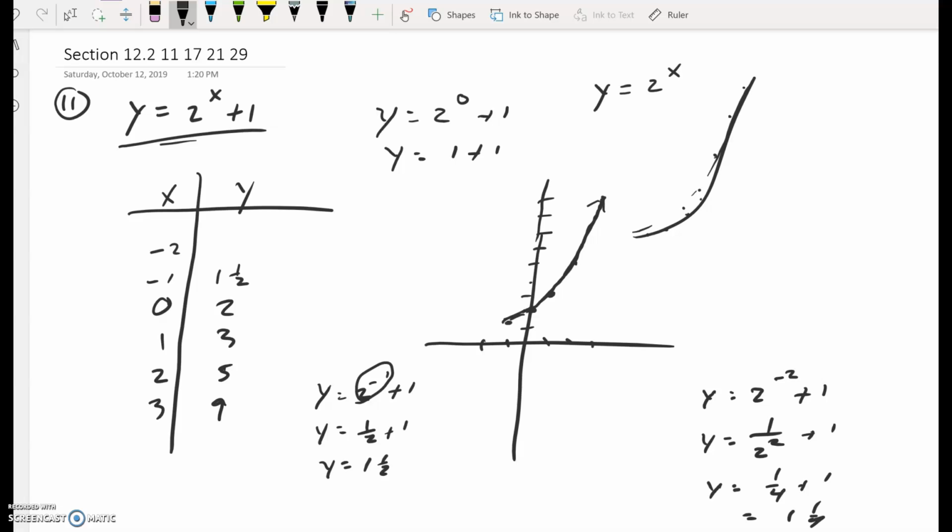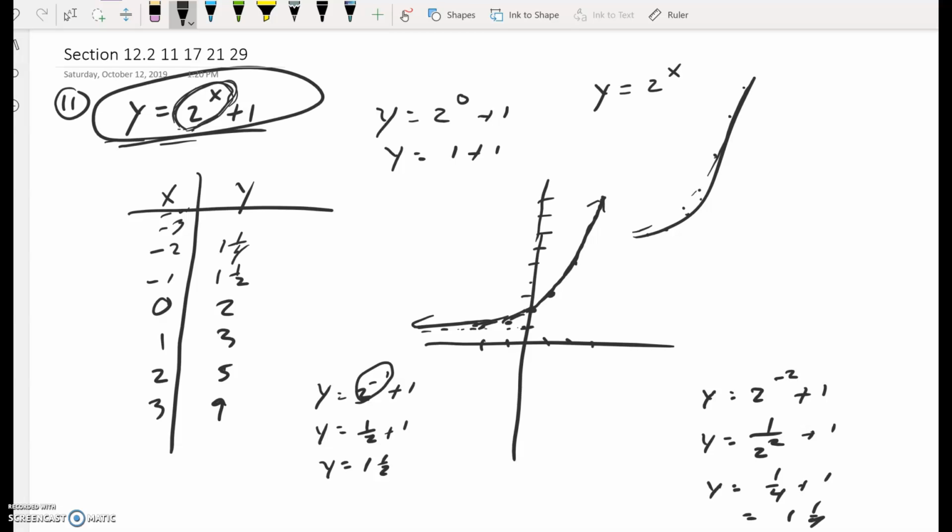So here we get 1 1/4, and in fact, as x gets more and more negative, -3, -4, -1,000,000, this gets closer and closer and closer to 0, and 0 plus 1 is 1, and so this thing is getting closer and closer and closer to 1, but it never quite touches 1, and this is a pretty good graph for this function.